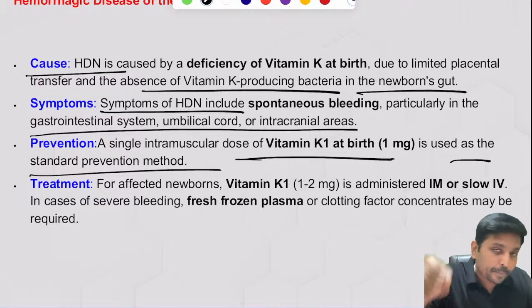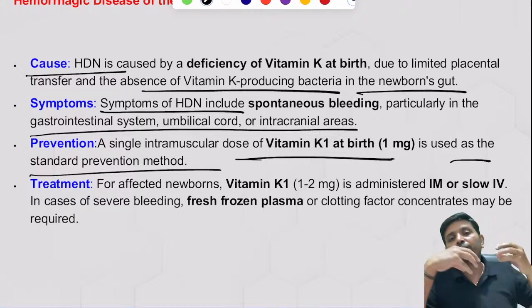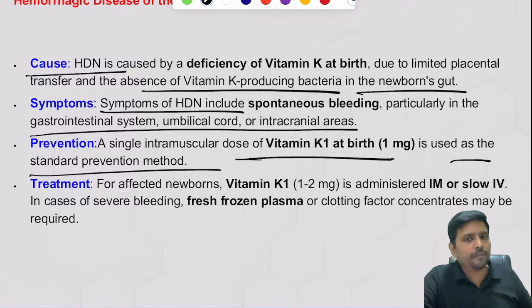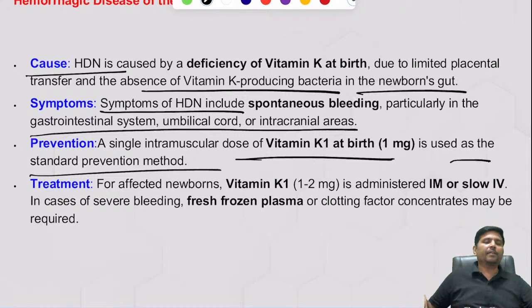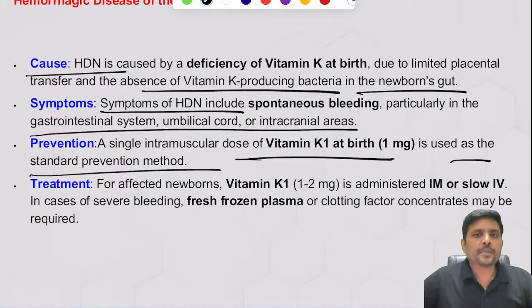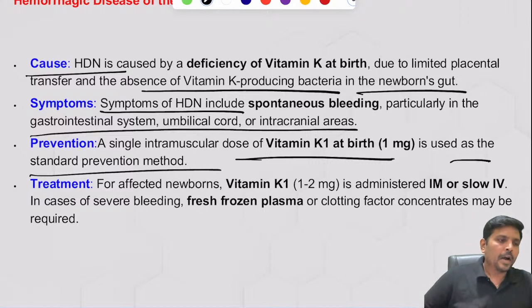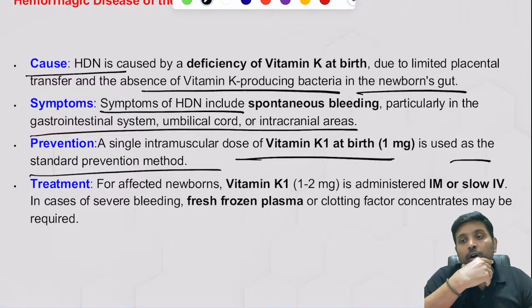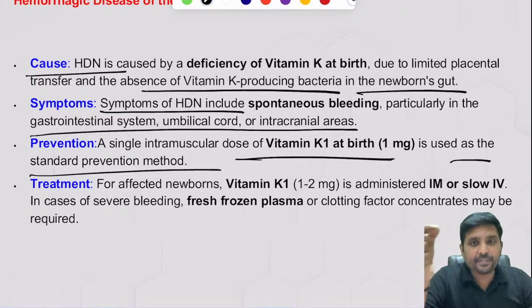If you delay giving those clotting factors, the child will ultimately die of intracranial bleed. That's why you need to give vitamin K as well as fresh frozen plasma, which contains 2, 7, 9, 10, along with vitamin K to augment the production or activation of factors secreted by the liver.